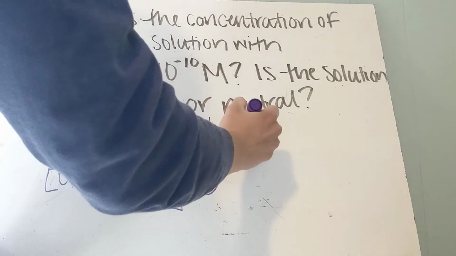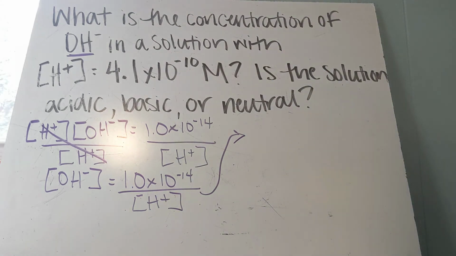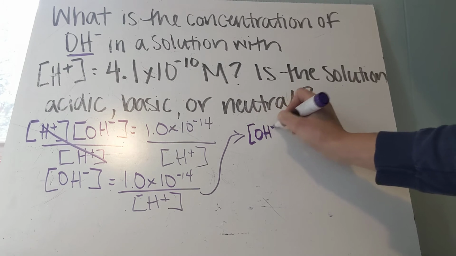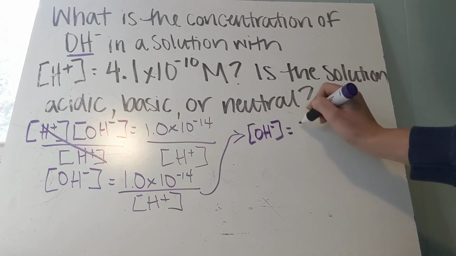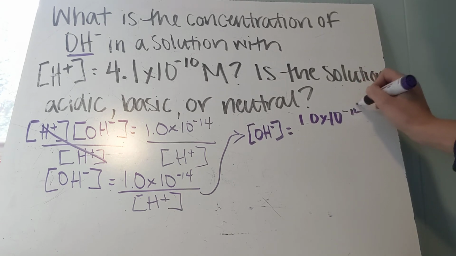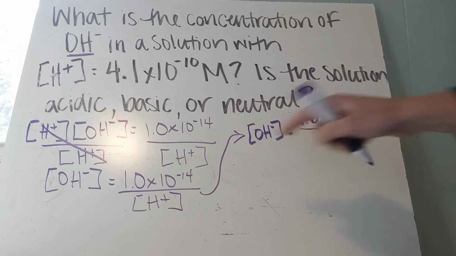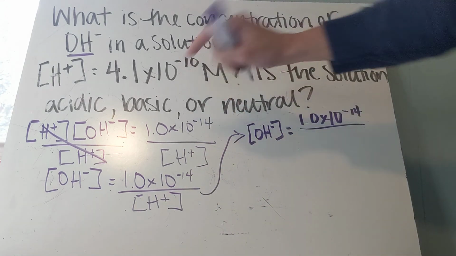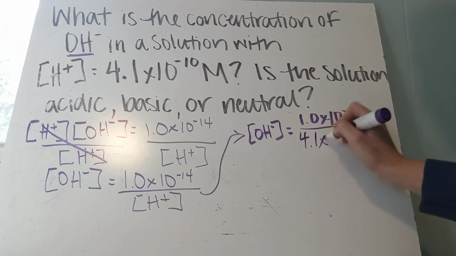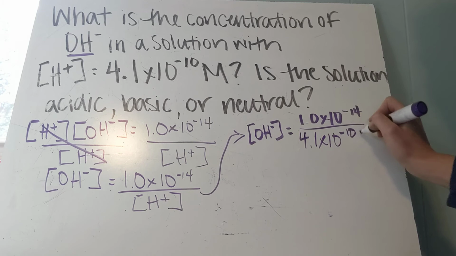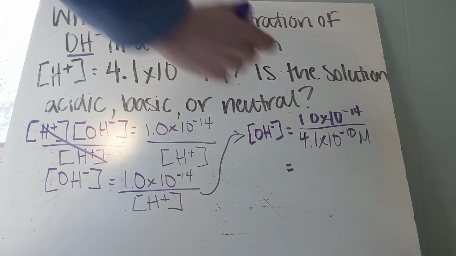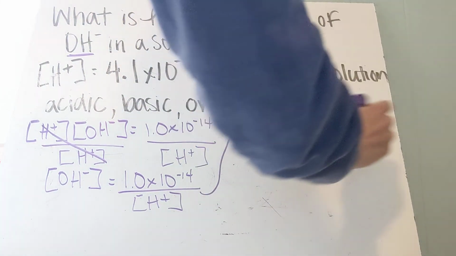I can plug into that formula. My H plus ion concentration is up here, 4.1 times 10 to the negative 10th. Plug that into your calculator, and again, I recommend putting parentheses around the top and the bottom.